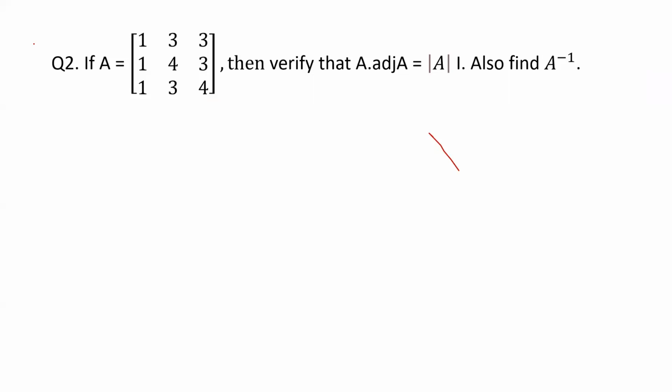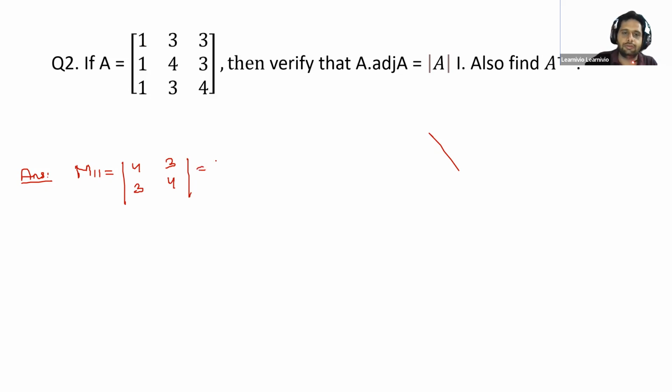Sir, how to find a minor of 3 by 3? Sir, the same method. I will tell you this. I will write here. So M11. 11 means first row, first column. Ignore the first row and the first column. What remaining values will you get? 4, 3, 3, 4.